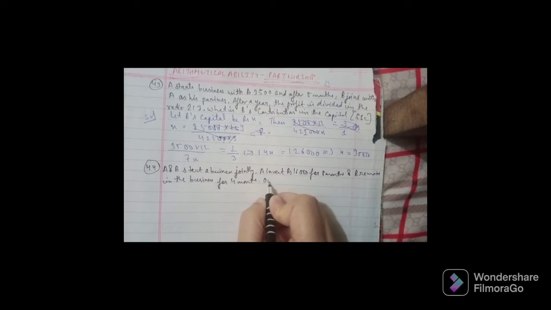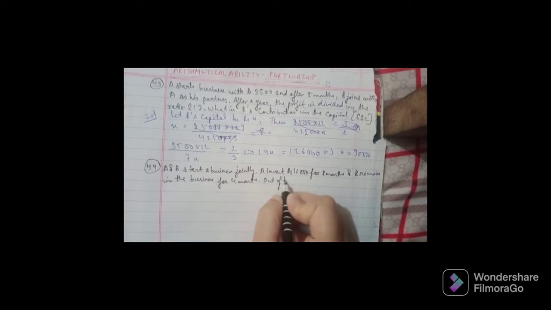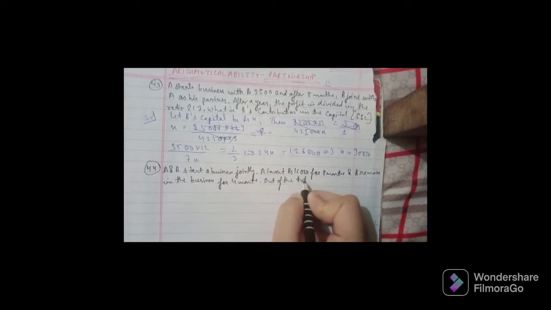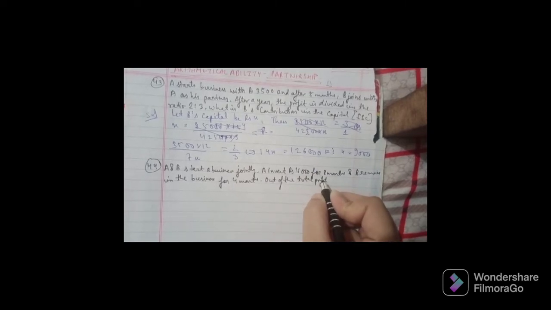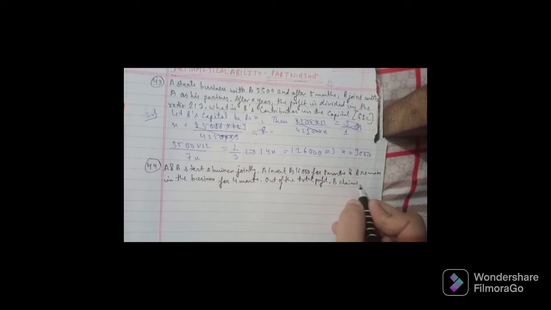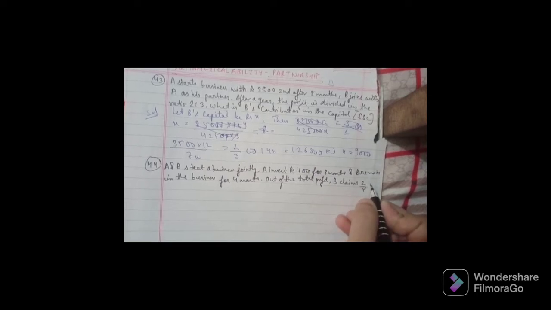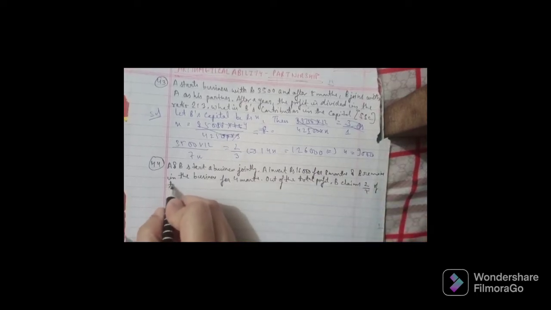Out of the total profit, B claims 2 by 7 of the profit.